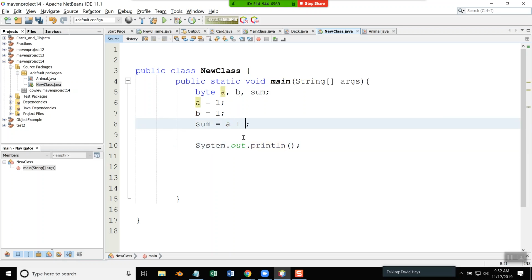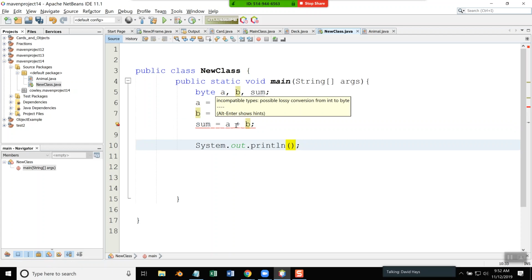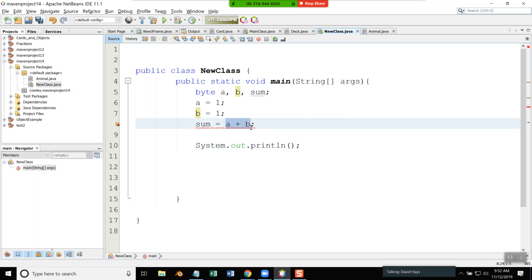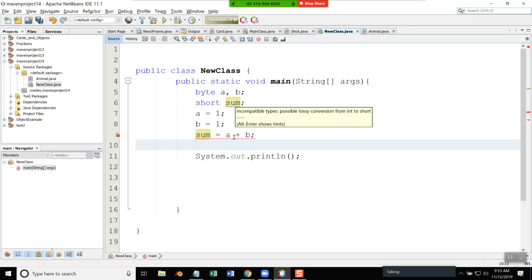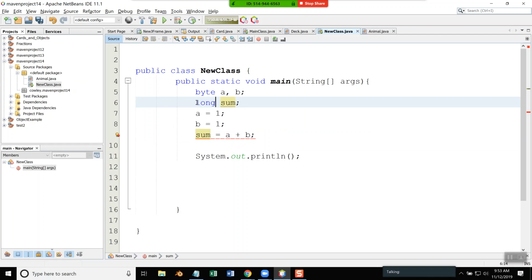But if I put the operator in here, a plus b, these are both promoted to an integer, and then I'm trying to assign it back to a byte. Short is smaller than integer. So it's got to be one, if not the same data type, then one higher. So you can't go one lower.